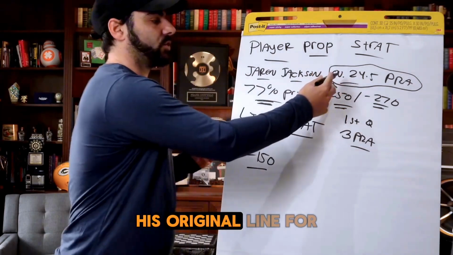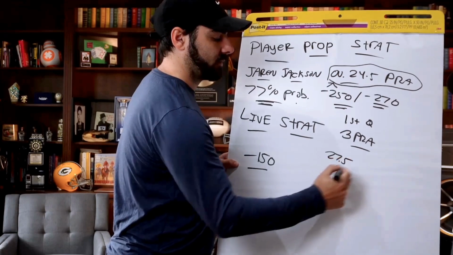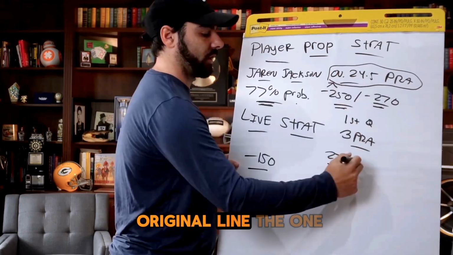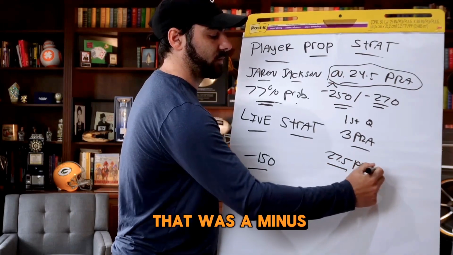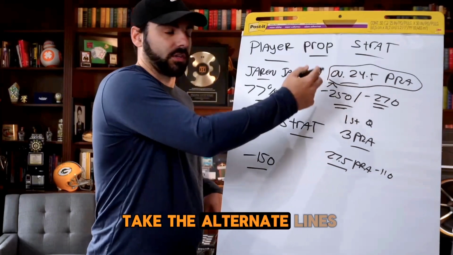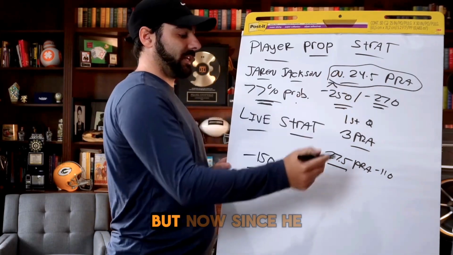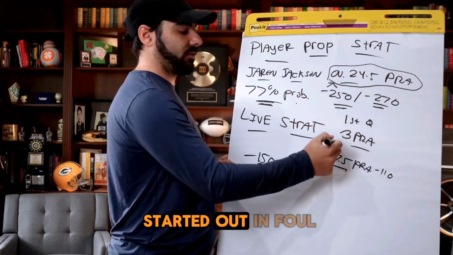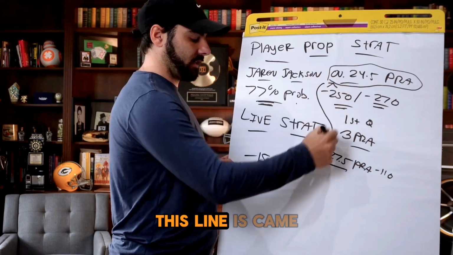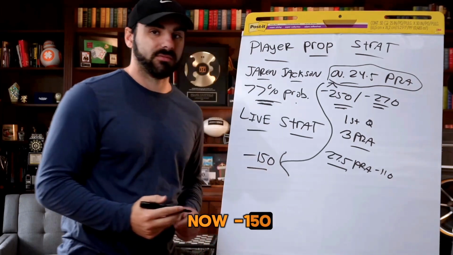His original line was 27.5, the minus 110 line. Now we take the alternate line pregame, so we brought this all the way back to 24.5. But now, since he started out in foul trouble, this line has come down and is now minus 150.